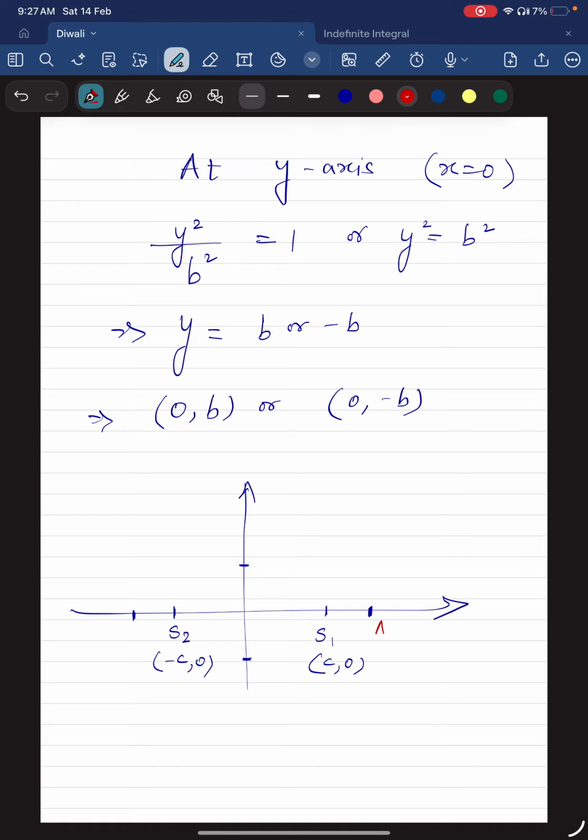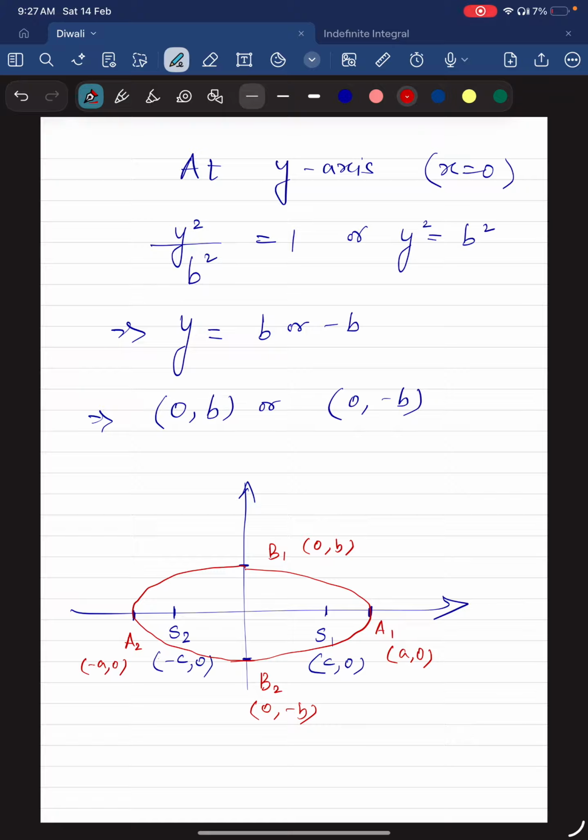These points are, first of all, this is A1, A comma 0. This is A2, minus A comma 0. This is B1, 0 comma B. And this is B2, 0 comma minus B. So my ellipse would look something like this, passing through these points.